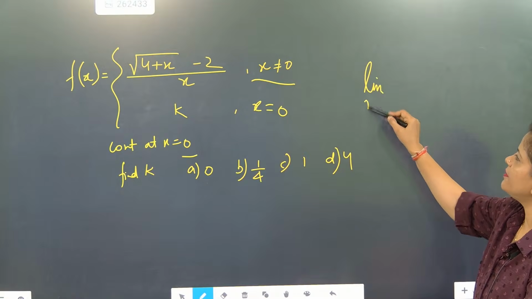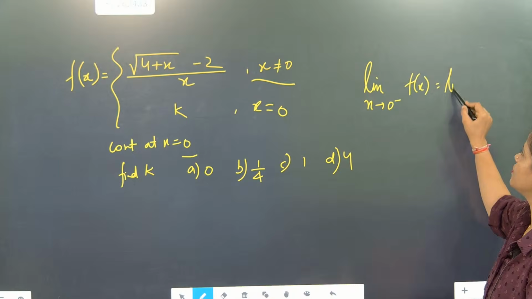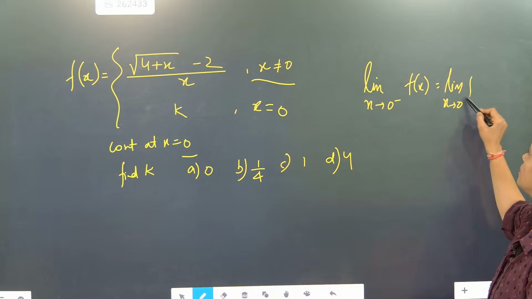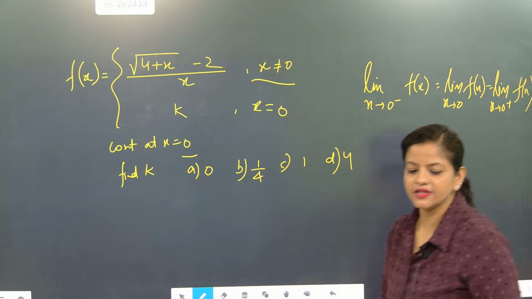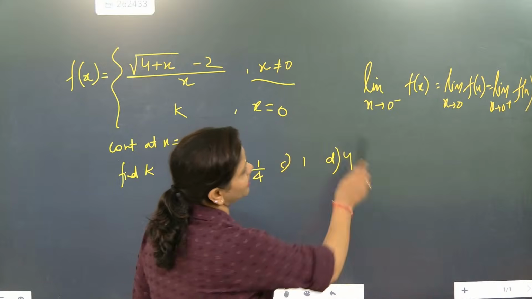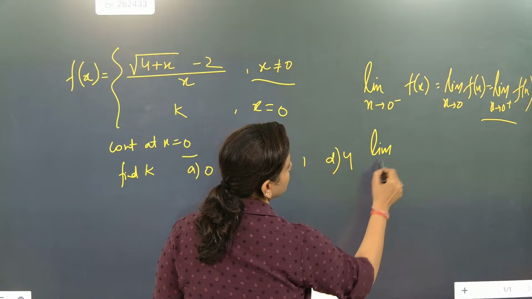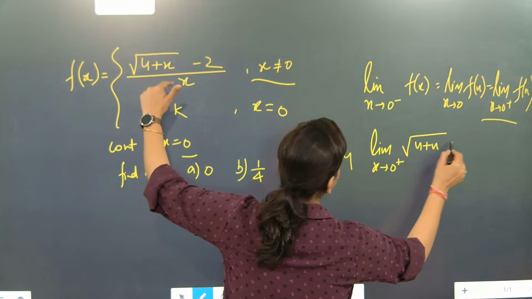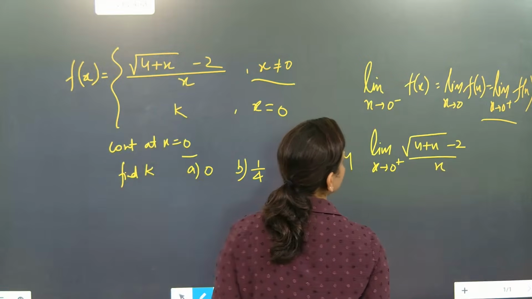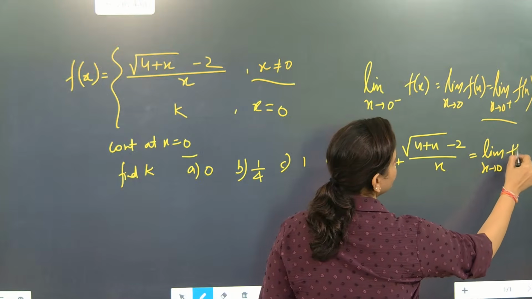We'll write limit x tends to 0 minus f of x is equal to limit x tends to 0 f of x is equal to limit x tends to 0 plus f of x. Once we are doing like this, we can take any side. We'll take this side, 0 plus, it will become limit x tends to 0 plus of (square root of 4 plus x minus 2) by x, and that will be equal to limit x tends to 0 of f of x, that is k.